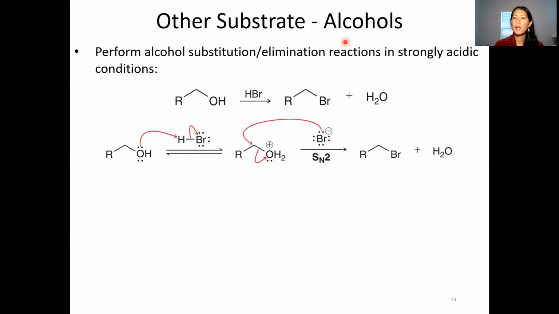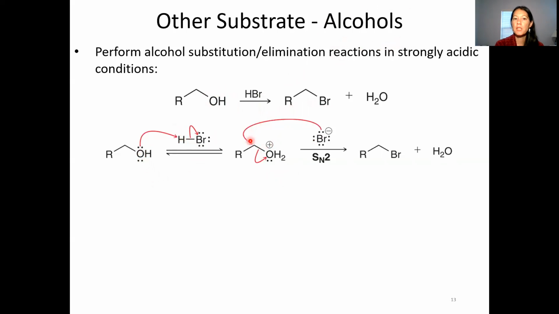Another type of substrate I just want to remind you of are alcohols. We saw this in the formation of alkyl bromides in chapter 10. Basically, you can protonate the OH to make water a good leaving group, and then just substitute in with bromide. So the way that works is the lone pair adds the H, you kick out bromide, this creates water as a good leaving group.